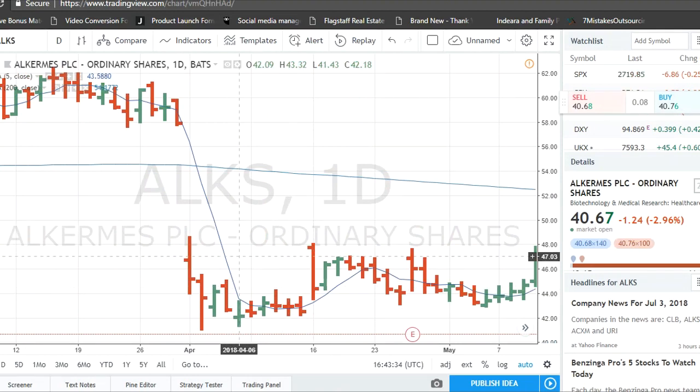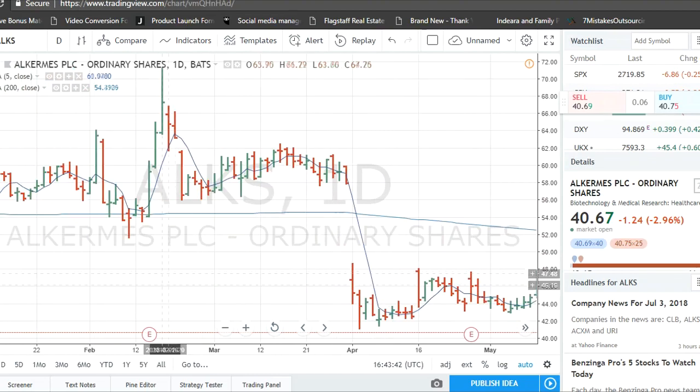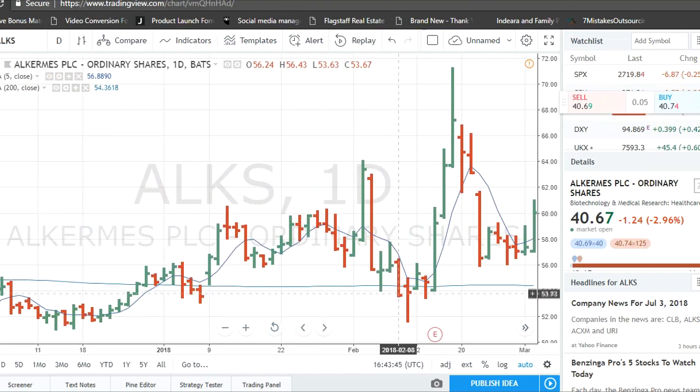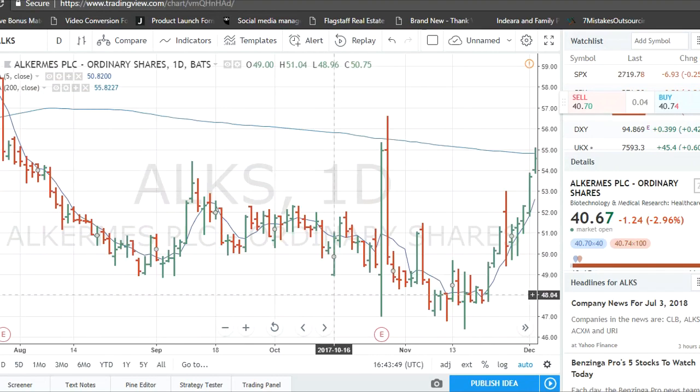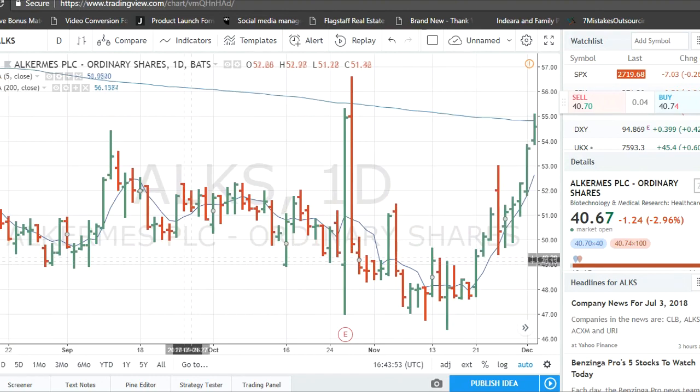Obviously there are losing trades, but let's see, 1, 2, 3. Nope, that doesn't count. Let's go back farther. That's above the 200-day moving average, doesn't count. Here's another one. This will work.